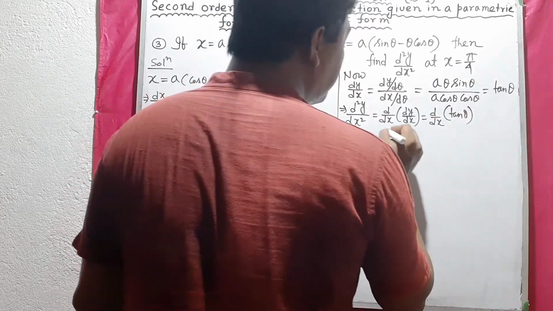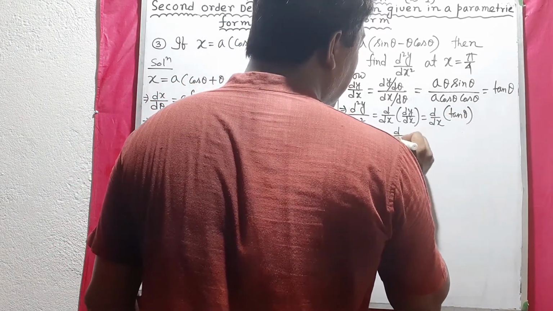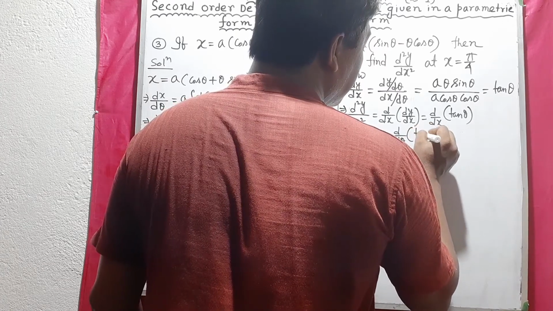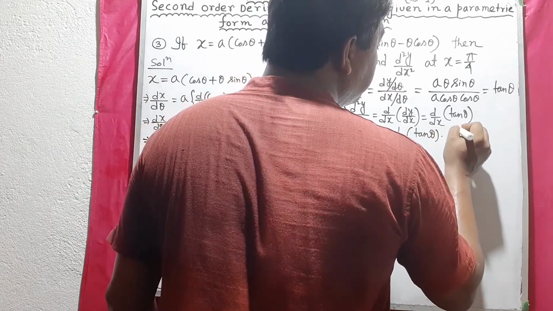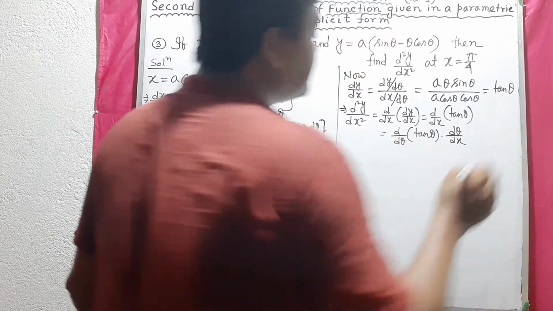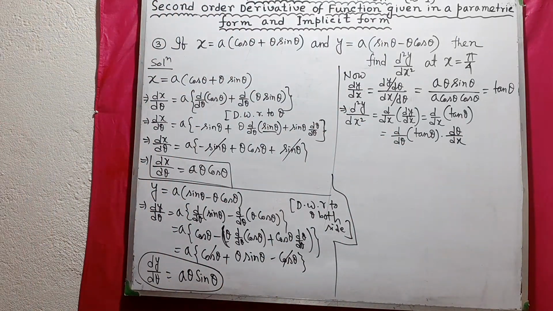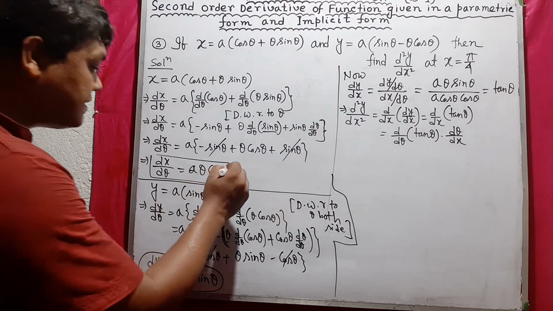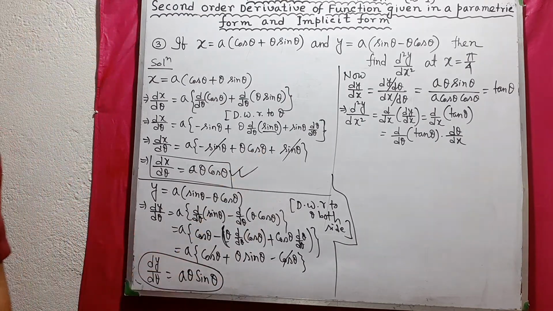So now put d/d theta of tan theta into d theta/dx. What is my d theta/dx? We know dx/d theta is a theta into cosine theta.